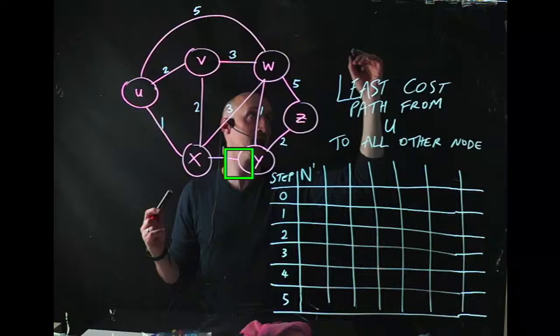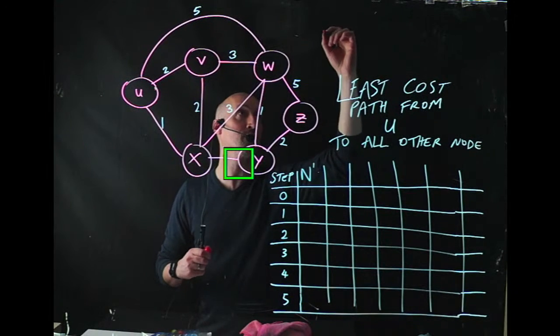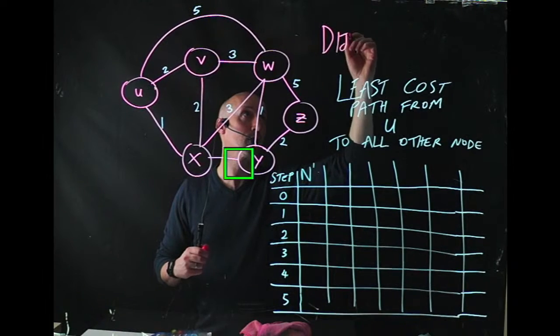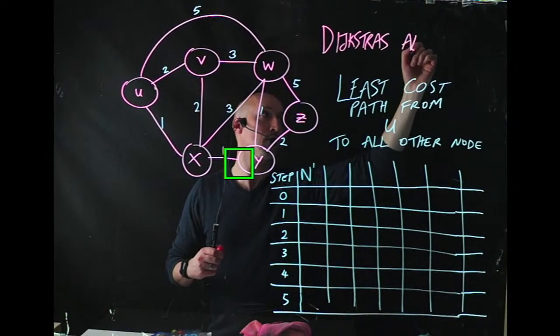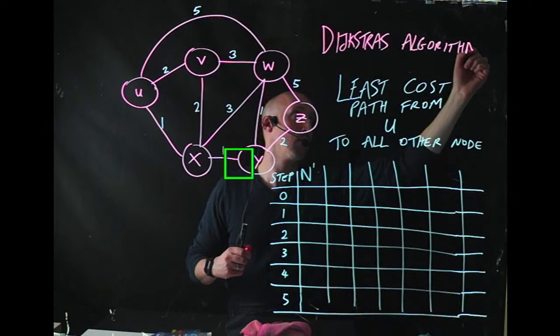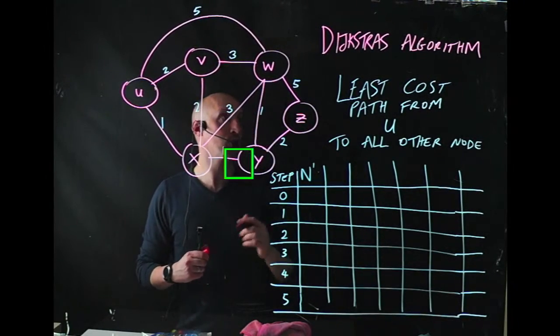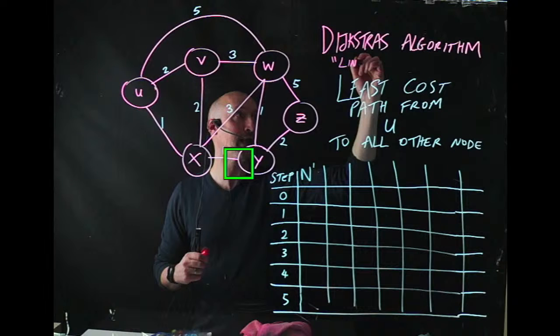And this is Dijkstra's algorithm. We'll look at another way to do this in a minute. Also known as the link state, it's a form of link state algorithm.